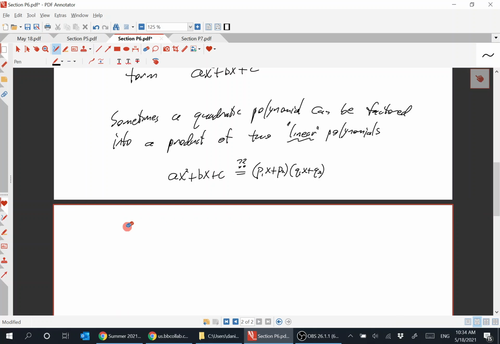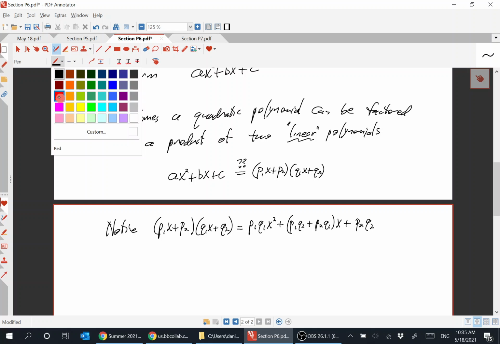Oh, well, let me say this before I do these examples. Okay, so when it does factor, p1x plus p2 times q1x plus q2, when you multiply that whole thing together, expanding into standard form, going back the other way, unfactoring, if you will, this becomes p1 q1 x squared plus p1 q2 plus p2 q1 times x, plus p2 q2.